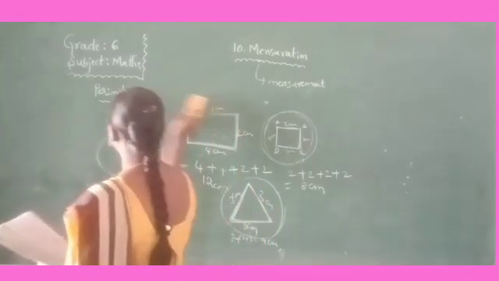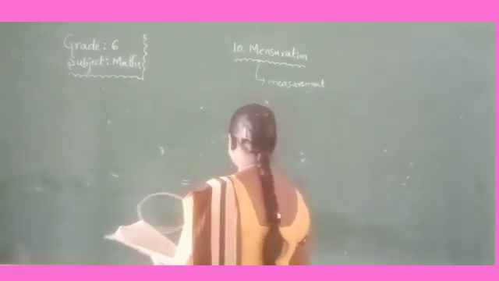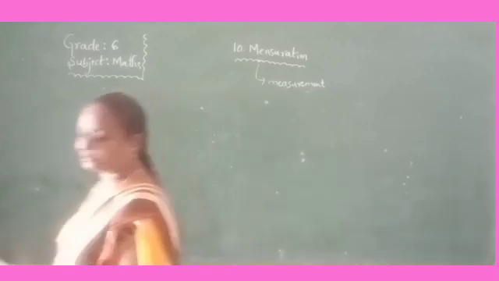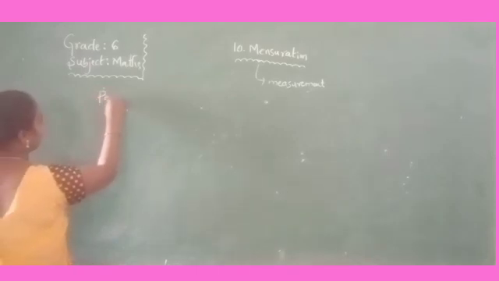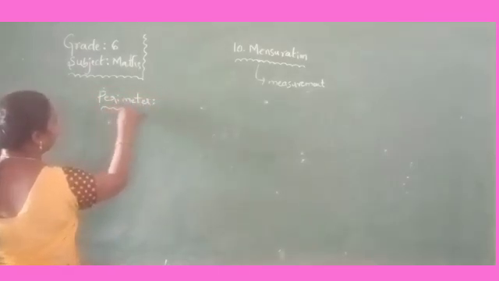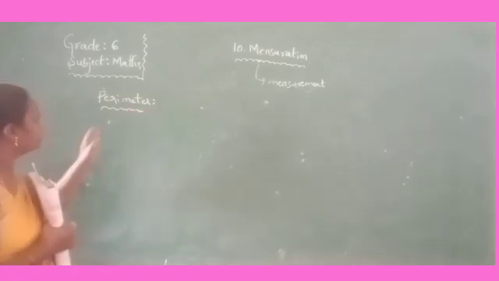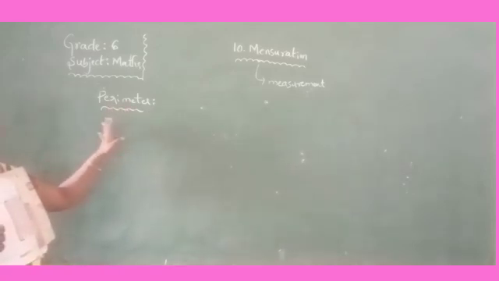Now take your notebook and keep the heading mensuration. Mensuration is nothing but measurement. Next, write the definition of perimeter. Write neatly.